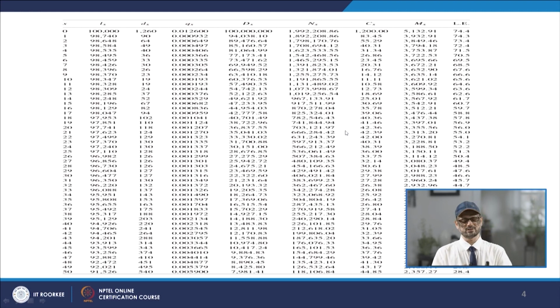So, for 5% interest you can calculate the value of Dx. For age 0 we know it will be 1 lakh into 1 by (1 plus r) raised to the power 0, which is 1 itself. So, it is 1 lakh, but otherwise you can calculate it.